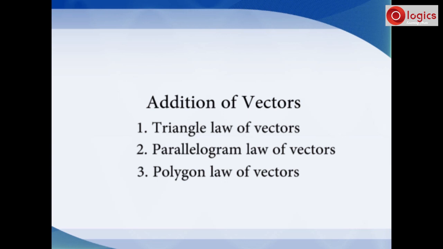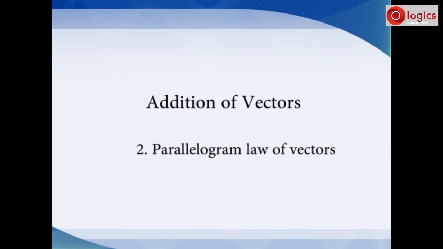Now, let's understand about parallelogram law of vectors. This is a vector A bar, and this is another vector B bar. Both vectors are non-zero vectors.